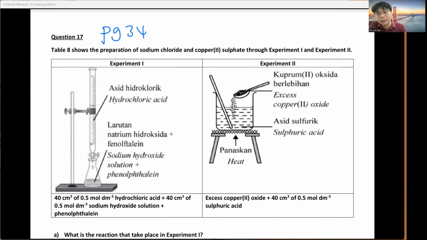Question 11 means the essay that you cannot choose. They always give you a diagram. So look at experiment 1. It is used to prepare what? Can you see the titration? Used to prepare which salt?